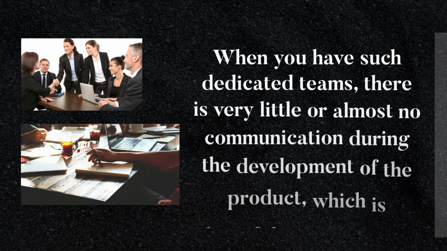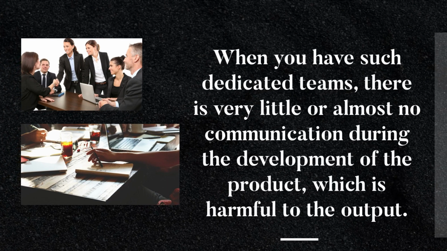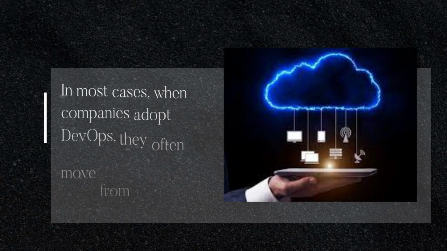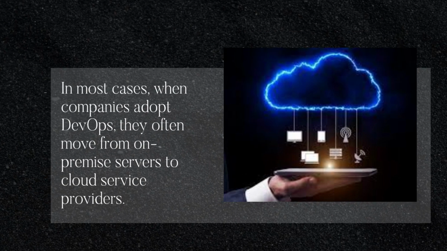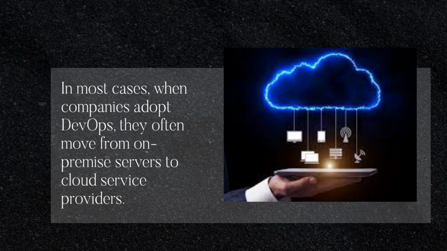When you have such dedicated teams, there is very little or almost no communication during the development of the product, which is harmful to the output. In most cases, when companies adopt DevOps, they often move from on-premise servers to cloud service providers.